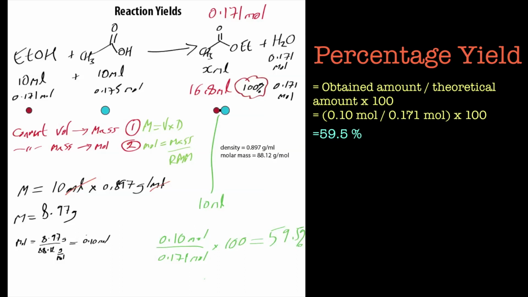So let me just write that in red. You write the amount obtained divided by the theoretical yield, times 100, and that should give you your percentage yield.